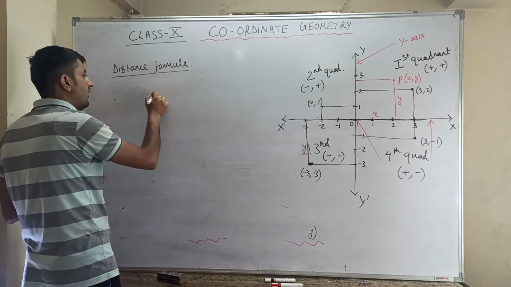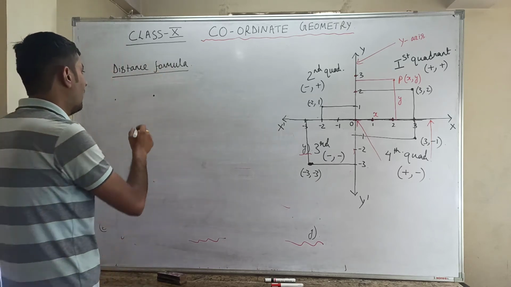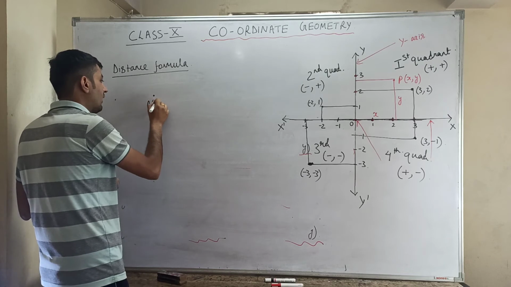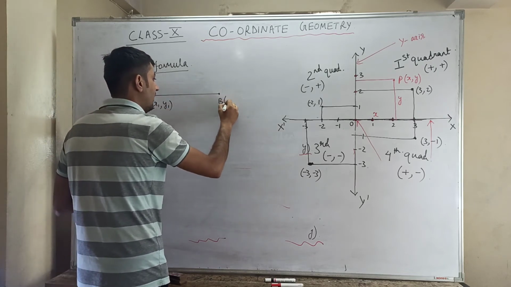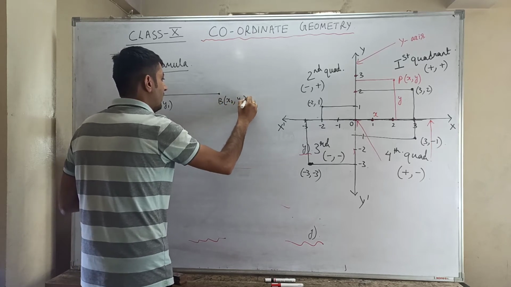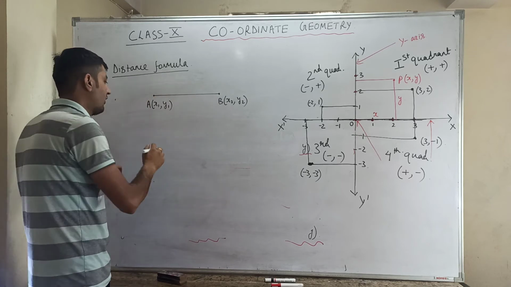This formula is used to calculate the length. Suppose one point is A, x1, y1, and your next point is B, x2, y2. Now how to calculate your length AB?